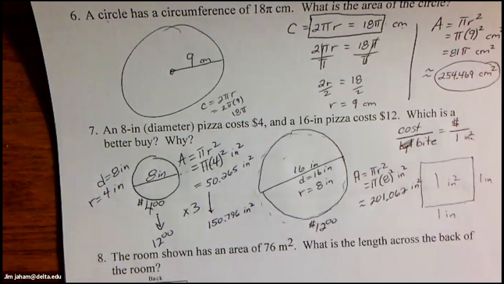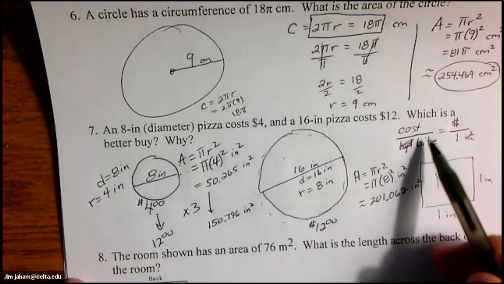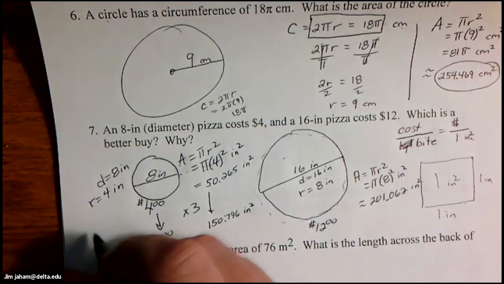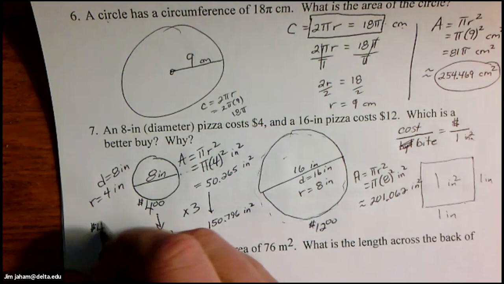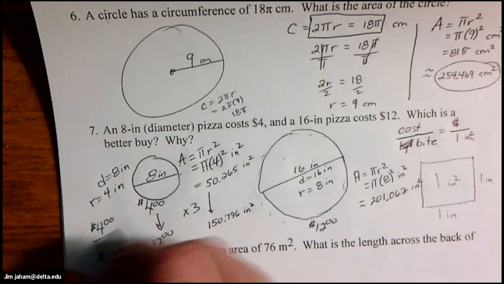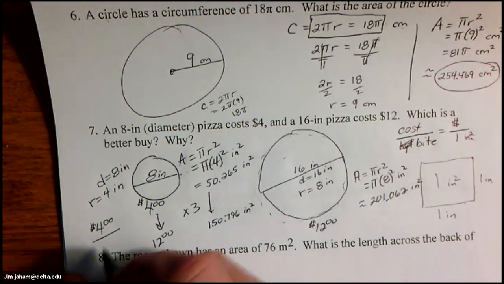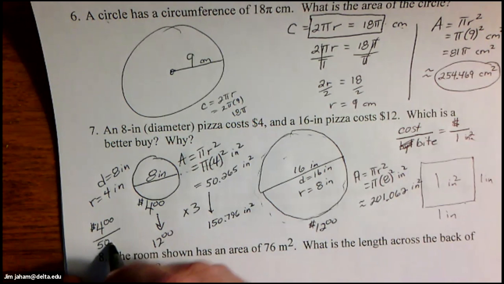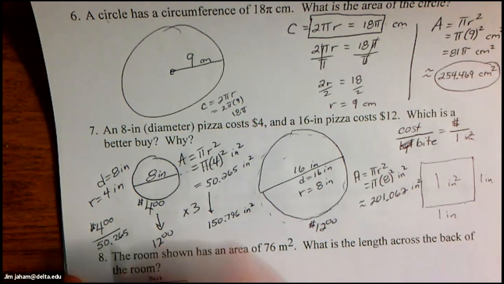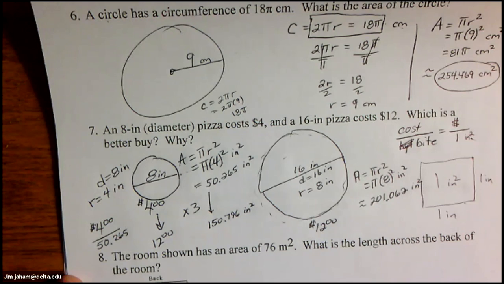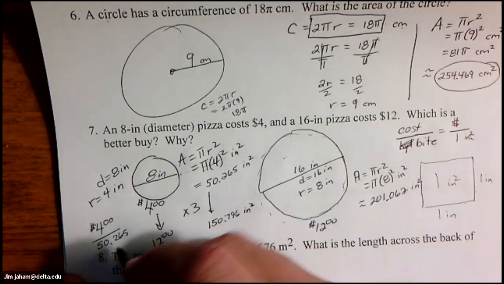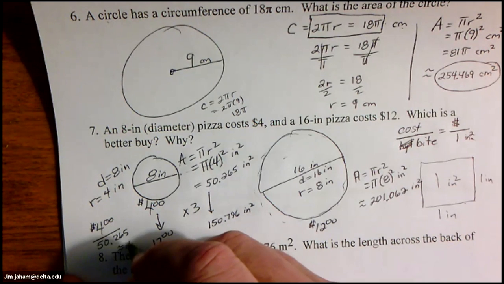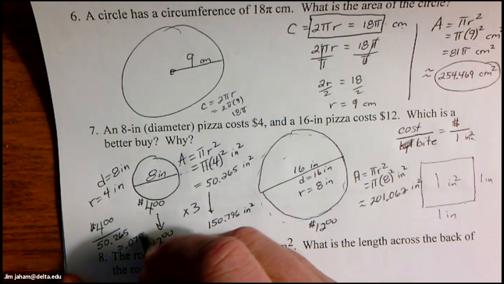All right, the other way that you could do it is like I said over here, just take the cost per bite. So over this one, if you take 4 and divide by the area, 50.265, and punch that into your calculator, it's going to be about 0.0796.